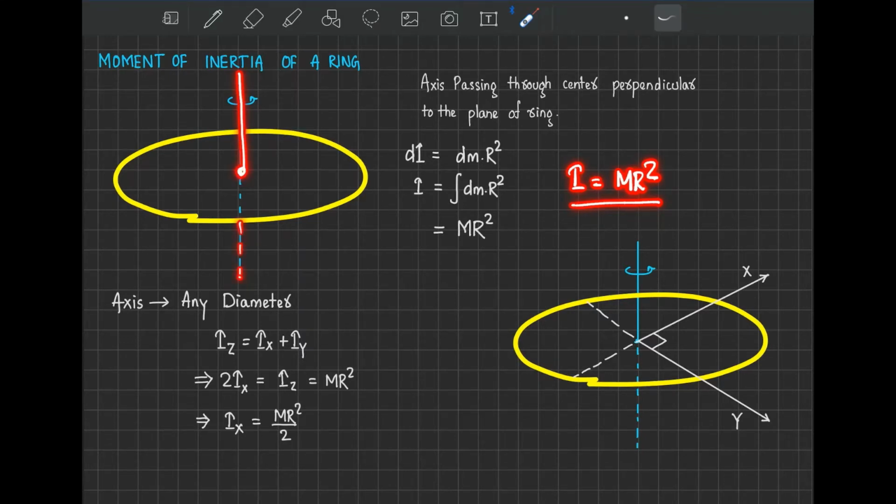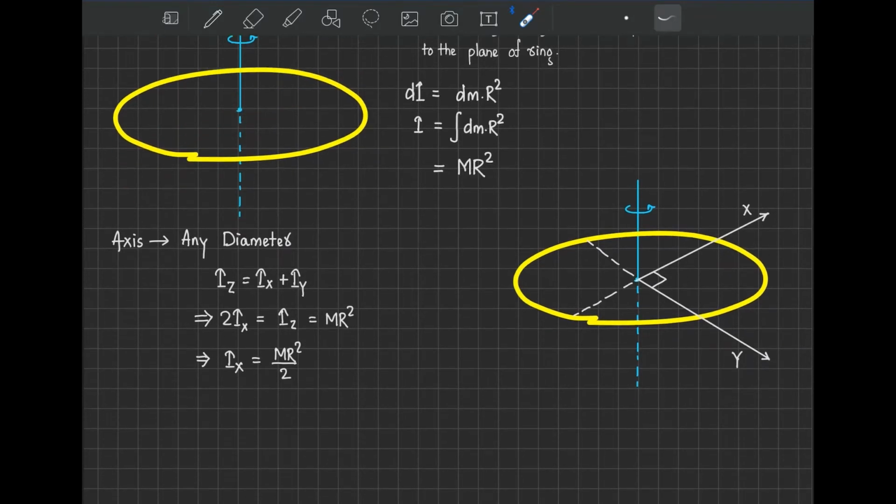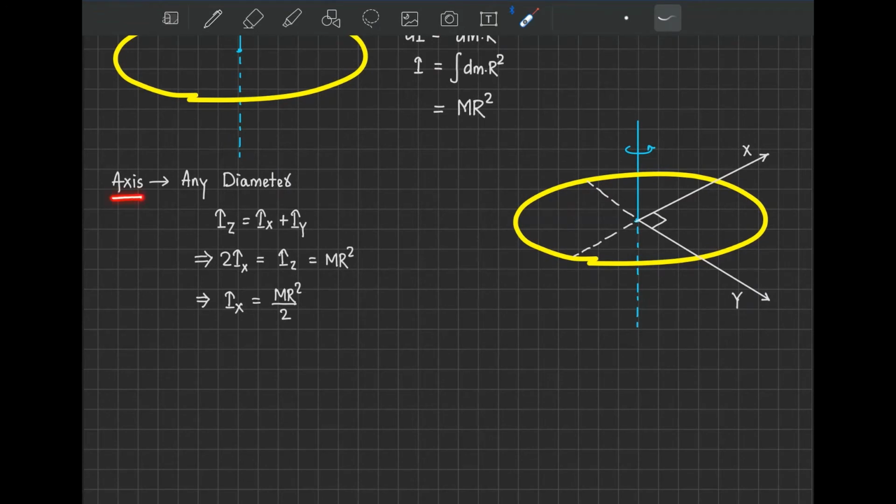Now how about if the axis is diametrical, meaning it passes through the center but is parallel to the plane instead of perpendicular? That means we are talking about an axis along the diameter. Let's find that one. So our case 2 is when the axis is any diameter. Let's say we see the top view of the ring.